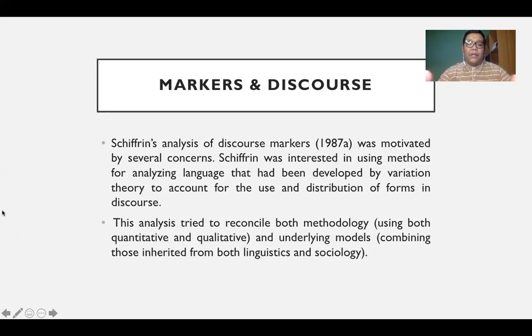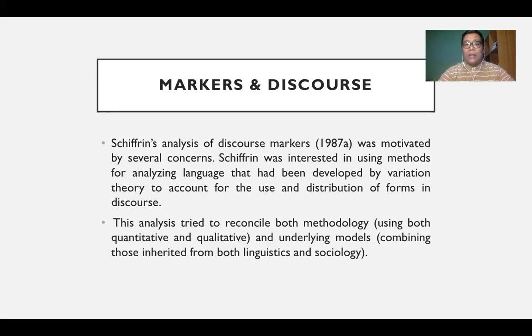So let's talk about first Schiffrin's analysis of discourse markers. Schiffrin's analysis of discourse markers in 1987 was motivated by several concerns. Schiffrin was interested in using methods for analyzing language that had been developed by variation theory to account for the use and distribution of forms in discourse.